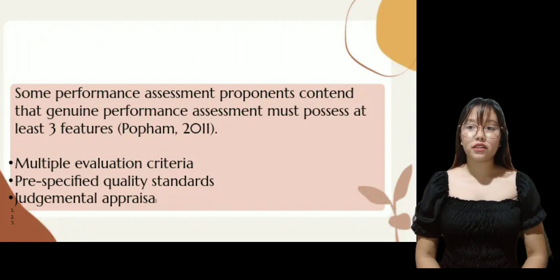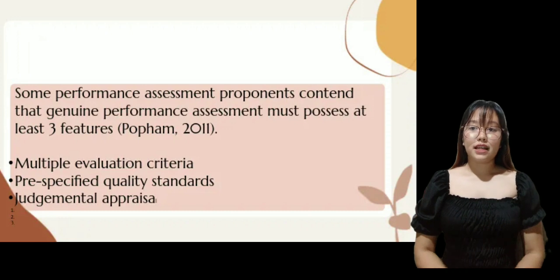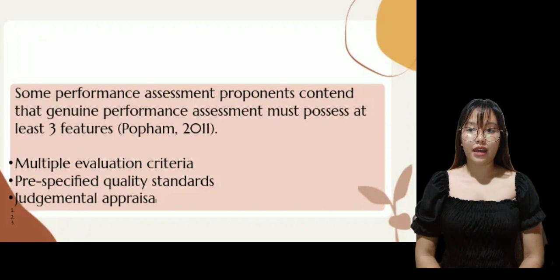Each of the evaluative criteria on which a student's performance is to be judged is clearly explicated in advance of judging the quality of the student's performance. Third is judgmental appraisal. Unlike the scoring of the selected response test, in which electronic computers and scanning machines can, once programmed, carry on without the need of humankind, genuine performance assessment depends on human judgments to determine how acceptable a student's performance really is.